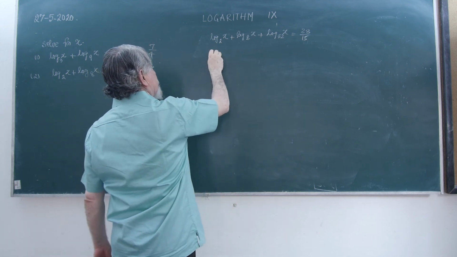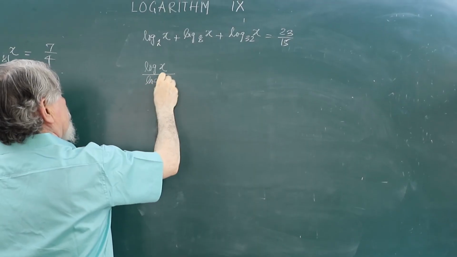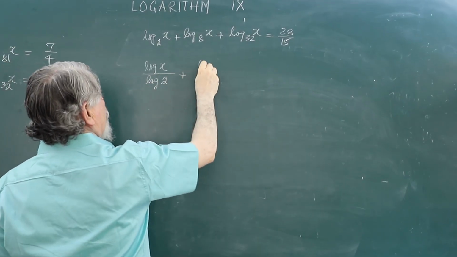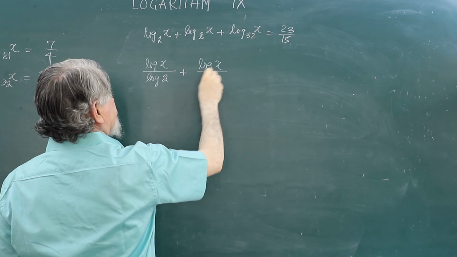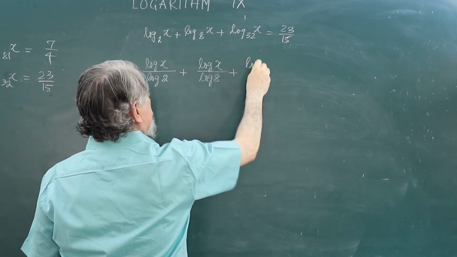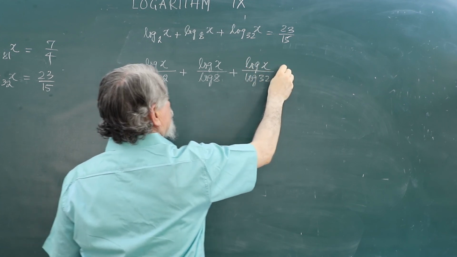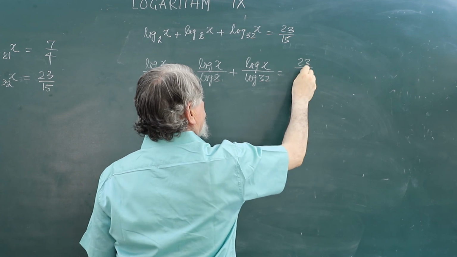We'll write it as log x upon log 2 plus log x upon log 8 plus log x upon log 32 is equal to 23 upon 15.